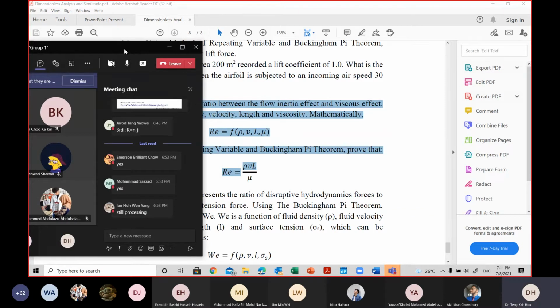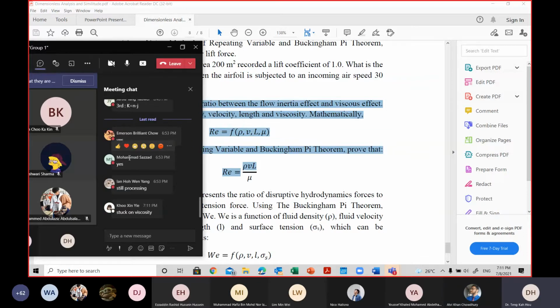Can you all hear me? Yes, sir. I'm looking for the unit of viscosity. Okay. So bear in mind, in the examinations there's nowhere for you to find the viscosity formulas, right? That's why you need to build your fundamentals strong. That's the only way.